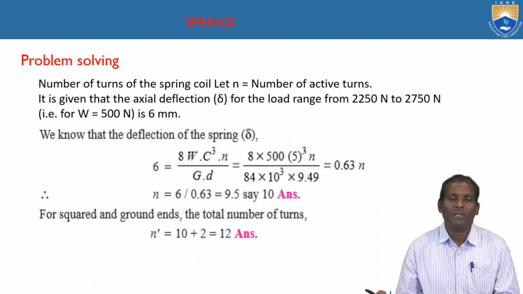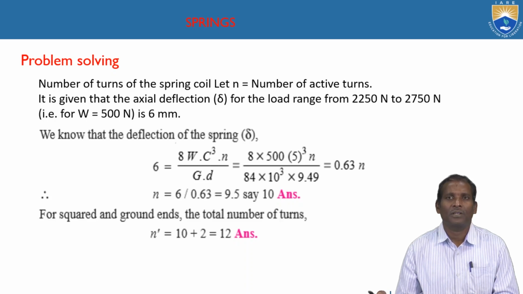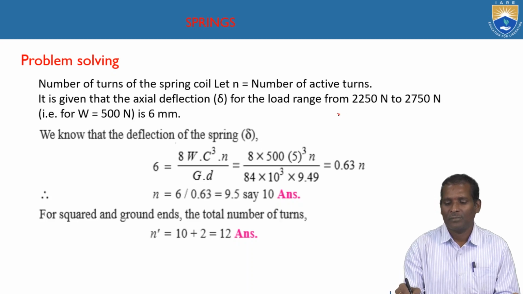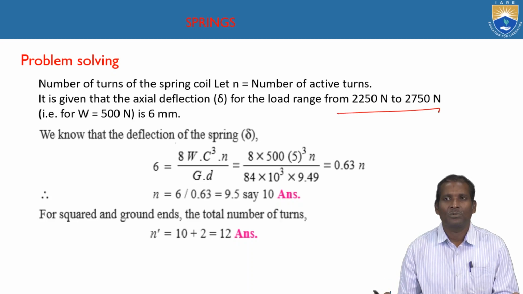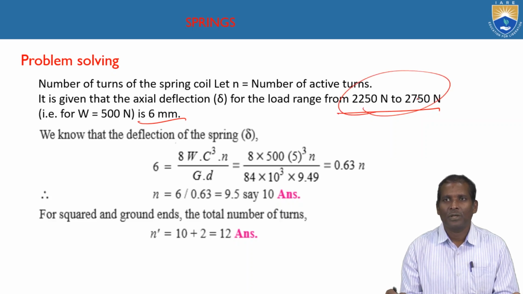The next step is to calculate the number of turns of the spring coil, the number of active turns and the number of total turns. Let n be the number of active turns. It is given that the axial deflection for the load range from 2250 newtons to 2750 newtons is, so that is for a load of 500 newtons, 6 mm.